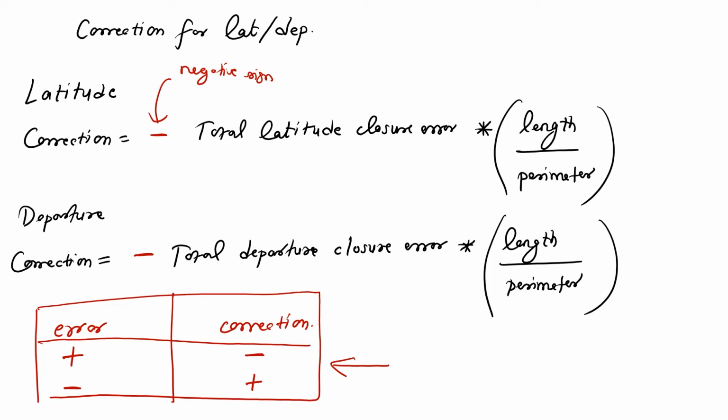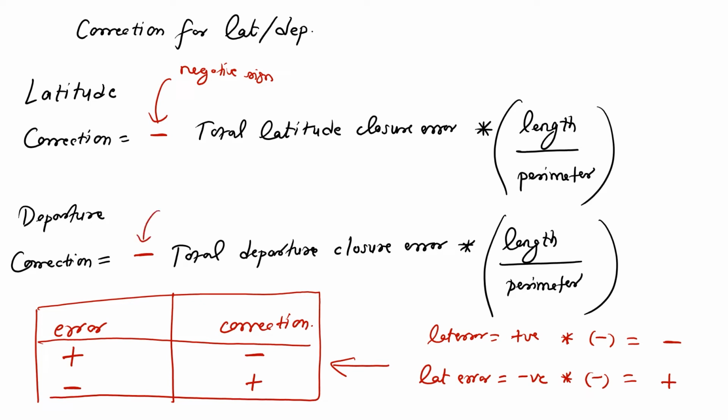So if your lat error is a positive number and you multiply this by a negative sign, then your correction will be negative, right? But if your lat error is negative and you multiply this with a negative sign, negative times negative gives you positive, so your correction would be positive, and that is what this sign is doing.